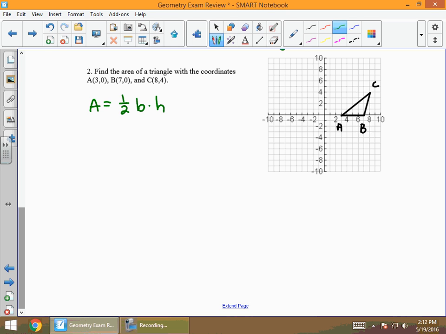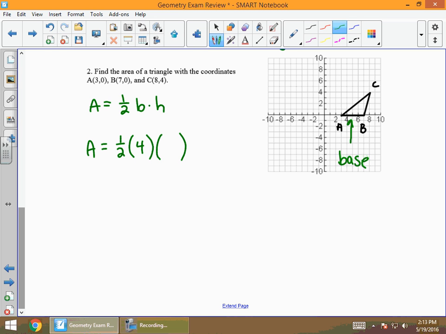So I'm going to call the base AB. And the reason I chose that to be the base is because it's the easiest to find the length of. So the area is 1/2 of the base times the height. So the base, AB, if I count, is 1, 2, 3, 4 units long.